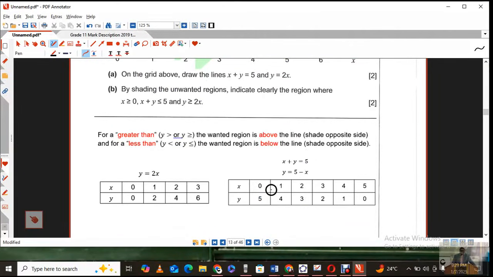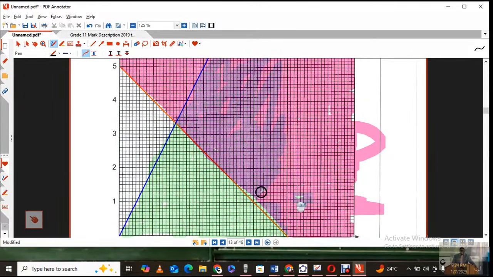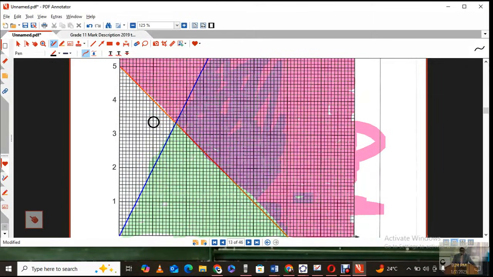If I put 0 for x, I have a 5. If I put 1, I have a 4. If I put 2, I get a 3. You only need two points, in fact, to plot and you'll get this straight line. In fact, any line x plus y equals some number is easy to draw. If the line was x plus y equals 4, it would go from 4 to the other 4 on that side.